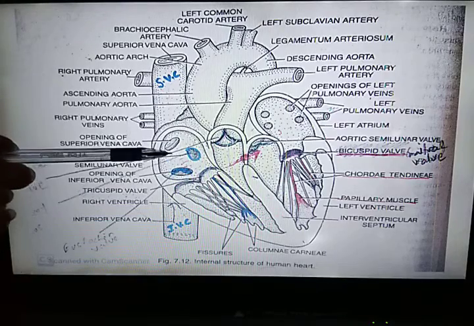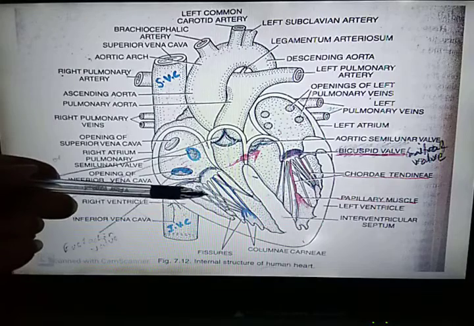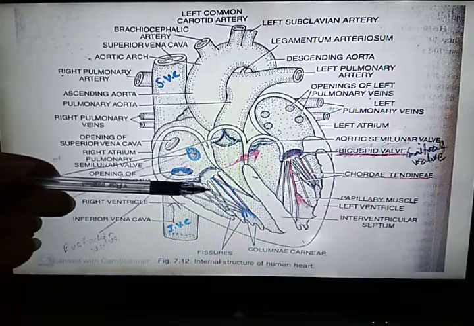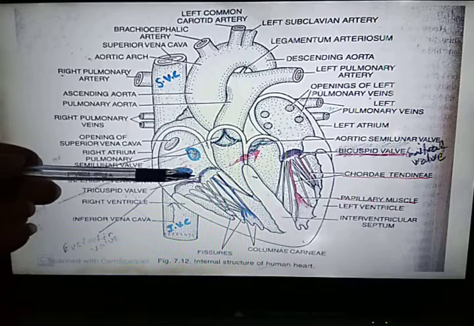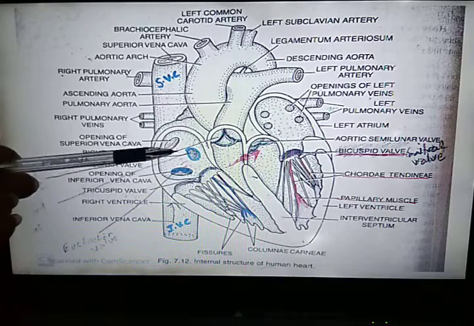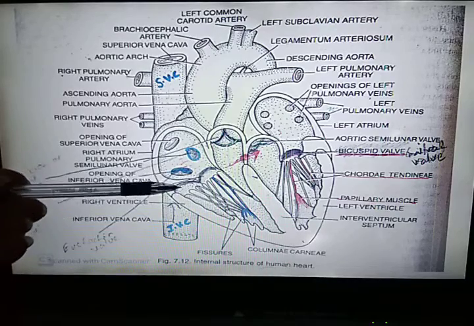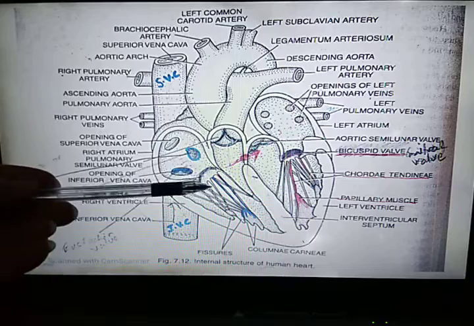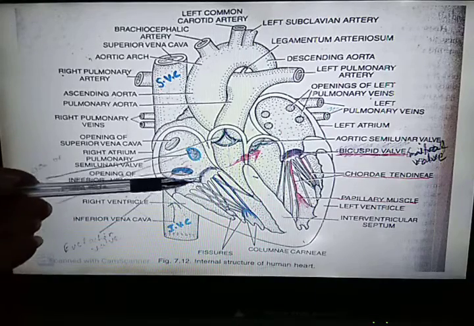The right auricle opens into the right ventricle through a wide passage known as the right auriculoventricular aperture. Earlier I told you that the auricle and ventricle of the same side are separated from each other by a septum known as the auriculoventricular septum.